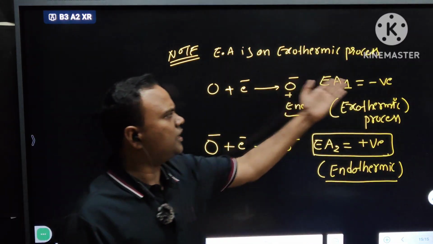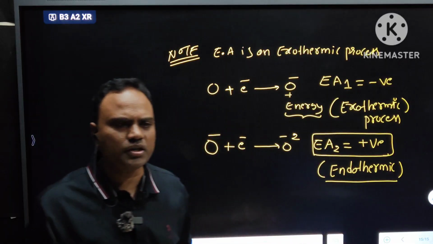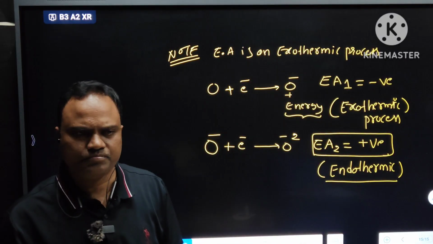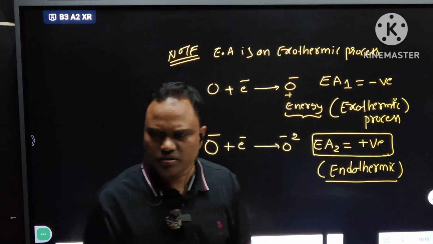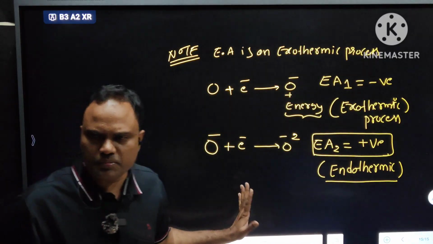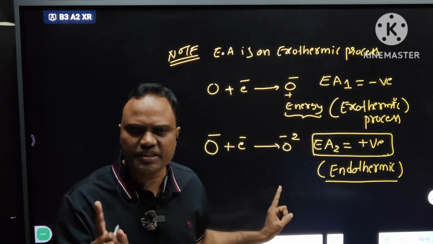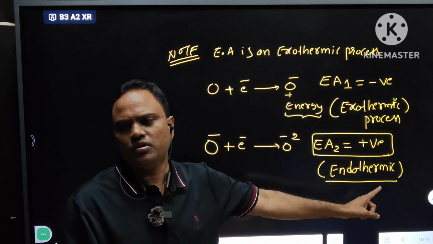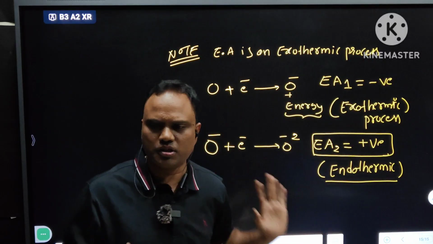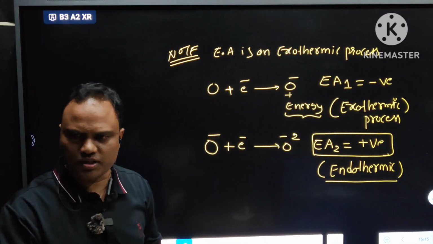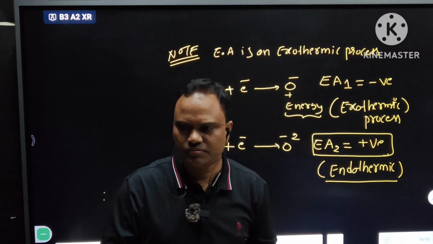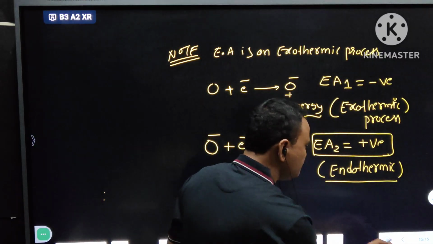Why? Here energy is released, here energy is absorbed. What is the reason for that? First of all, you have to remember this relation. Second electron affinity is positive, endothermic. Let us see the reason. I will take one general example.